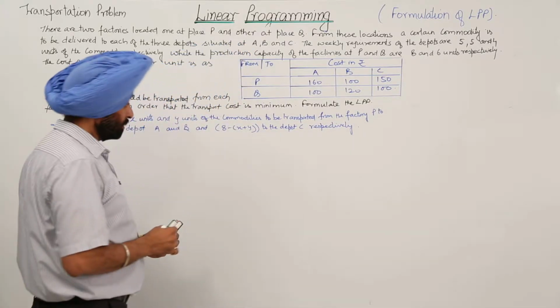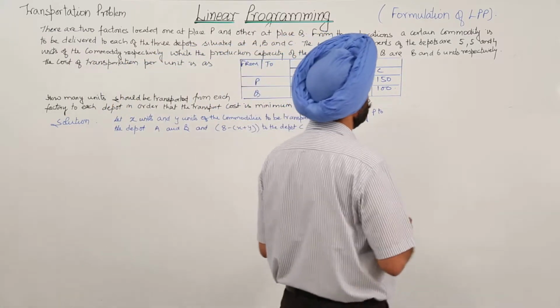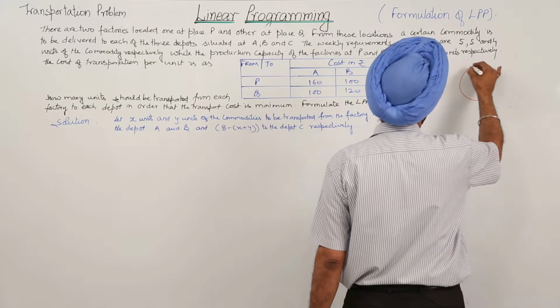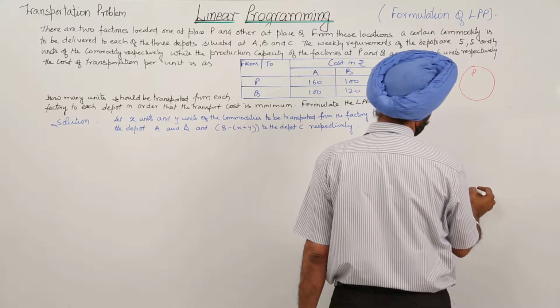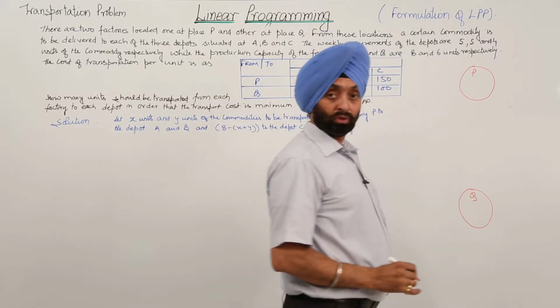Now let me draw a figure first to make it more interesting. Suppose we have P here and Q here, two factories.